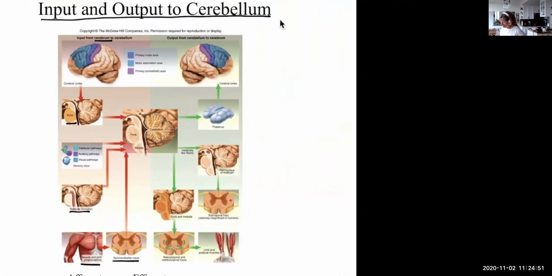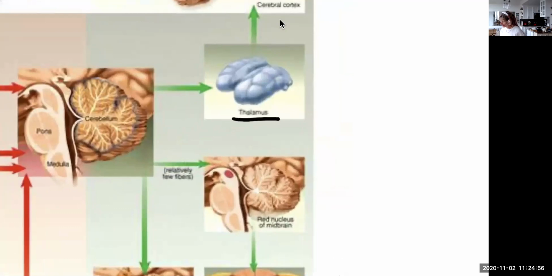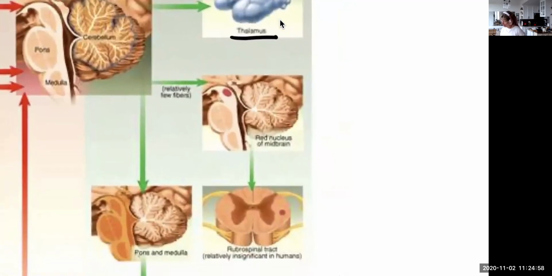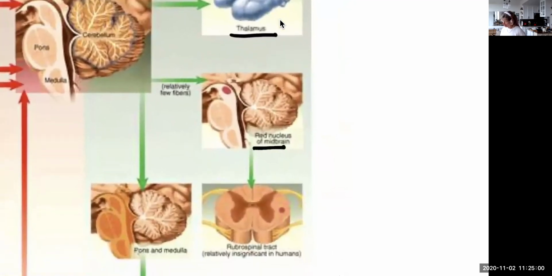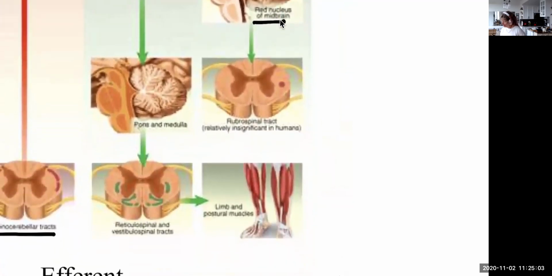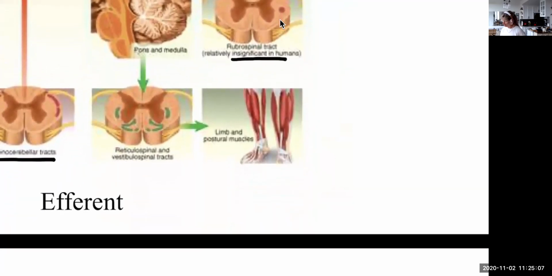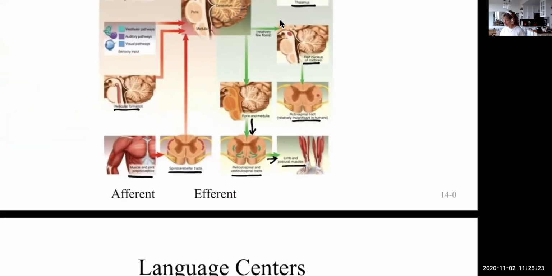Output from the cerebellum is to the thalamus, to the midbrain, down the rubrospinal tract, to the limbs. From the pons and medulla, there's also an exiting of signals down the reticulospinal and vestibulospinal tracts, which also control the limbs and postural muscles.